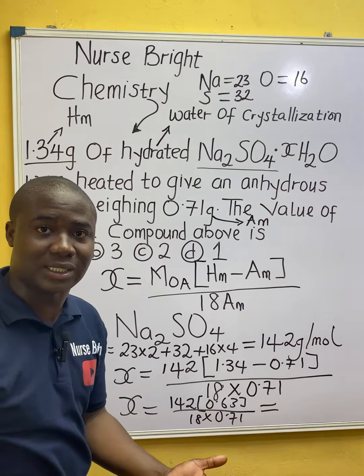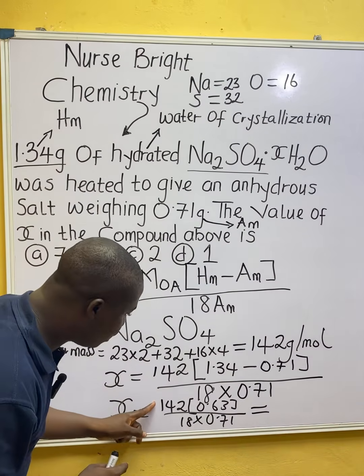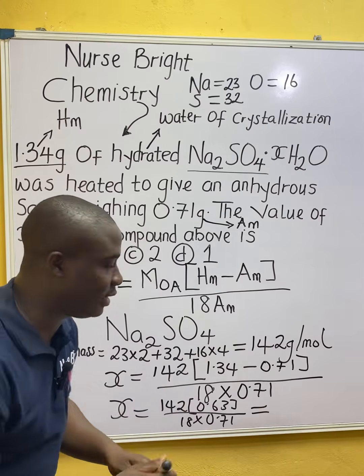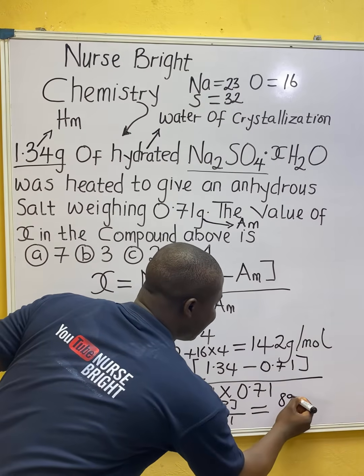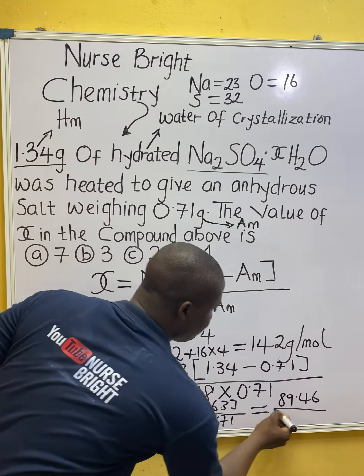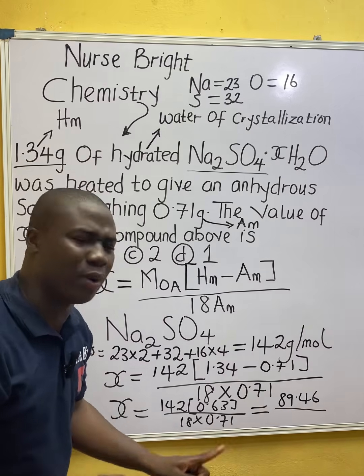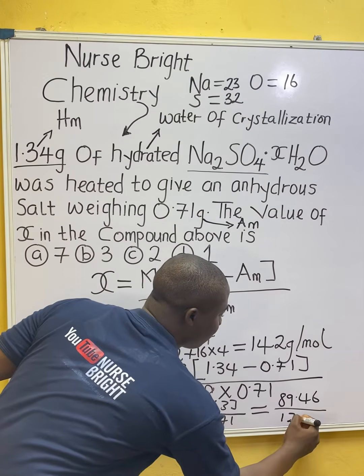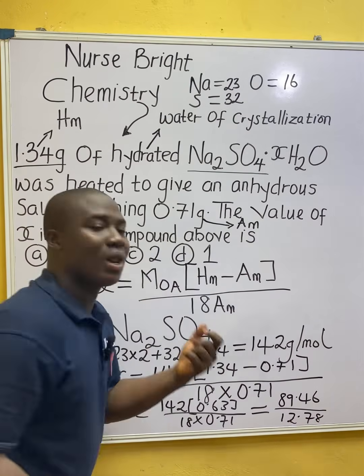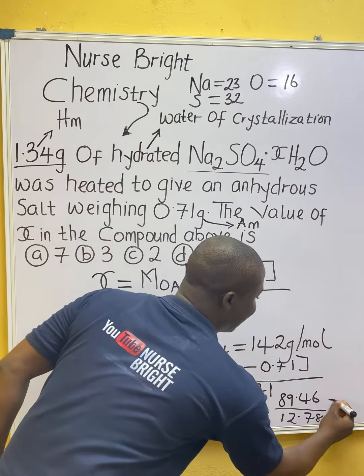I believe you are aware about that. So when we times 142 times 0.63, we are going to get 89.46, divided by 18 times 0.71, that is 12.78. And when we divide both values, we are going to get 7.